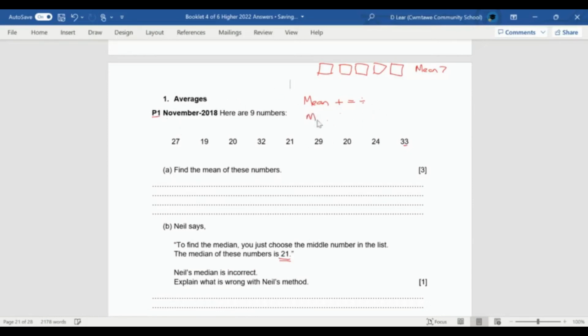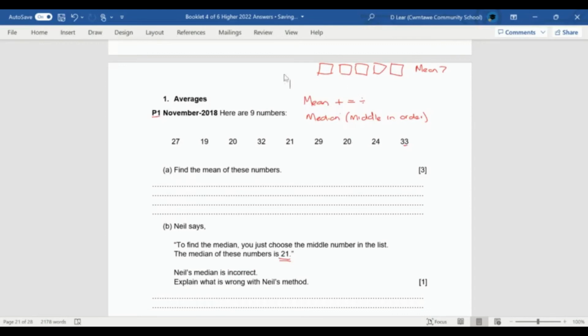The median is the number in the middle when they are put in order. Just finding the number in the middle without putting the numbers in order of size is meaningless, right? But if they're in ascending order, smallest to biggest, or descending, it doesn't matter, in order, finding that middle number, that's the median.